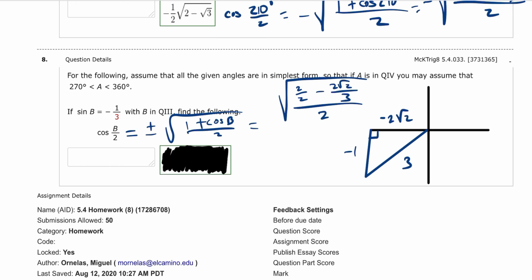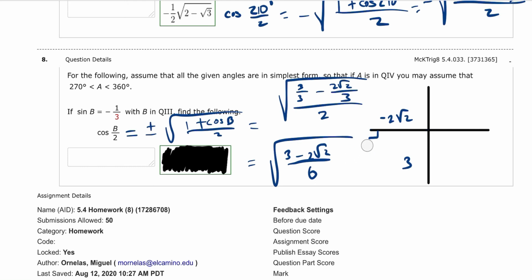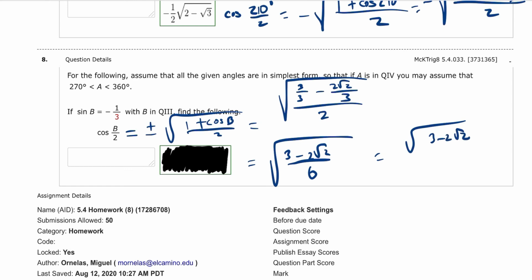All right, and now we have this expression. Okay, so now we have to simplify the top. I should have said 3 over 3 instead of 2 over 2. So this is 3 over 3. So we're going to end up with the square root of 3 minus 2 radical 2 over 6. Okay, and so now this is going to become radical 3 minus 2 radical 2 over radical 6. I don't think they need it.